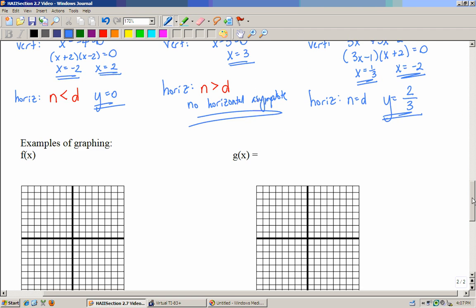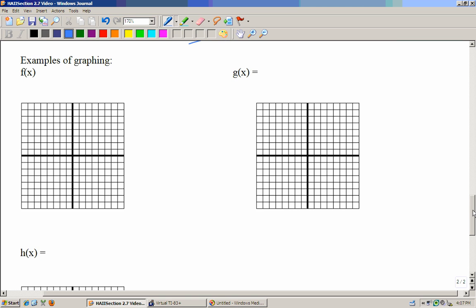Examples of graphing would be putting together, finding the vertical and horizontal asymptotes, and then sketching the graph around them. So for example, if our first function is 2 over x plus 1, to find vertical asymptotes, you set the denominator equal to 0, and you would get a vertical asymptote at x equals negative 1. So that vertical line, drawn as a dotted line, is going to be at x equals negative 1.